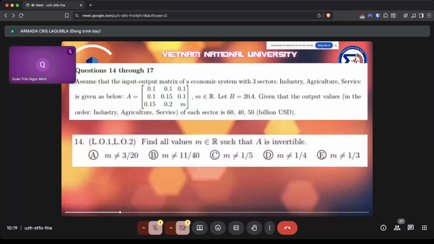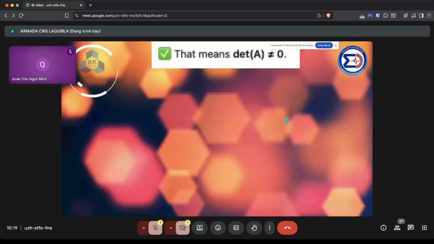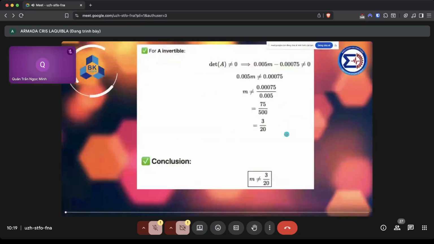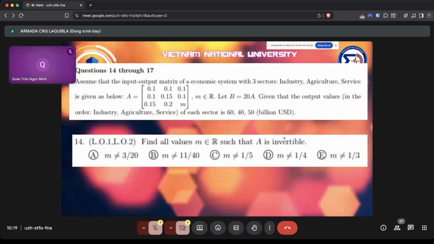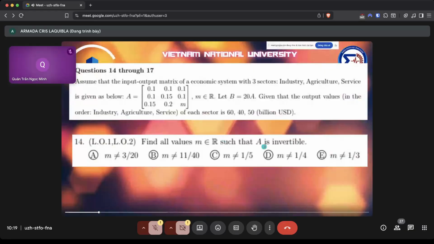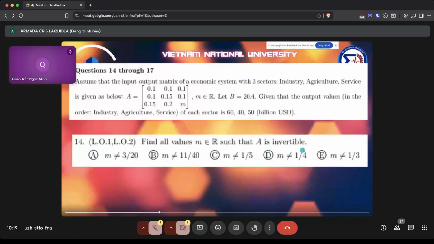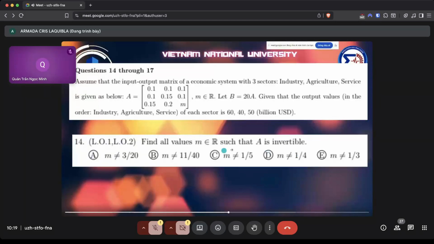A is invertible if your determinant is not equal to 0, but there is one value of m such that the determinant will become 0.